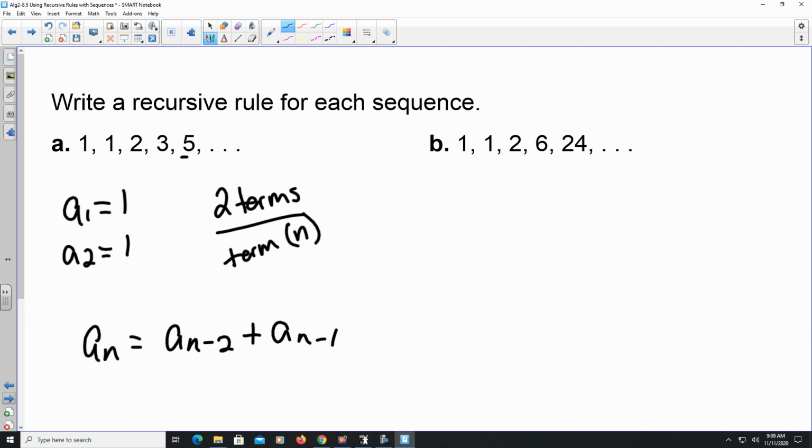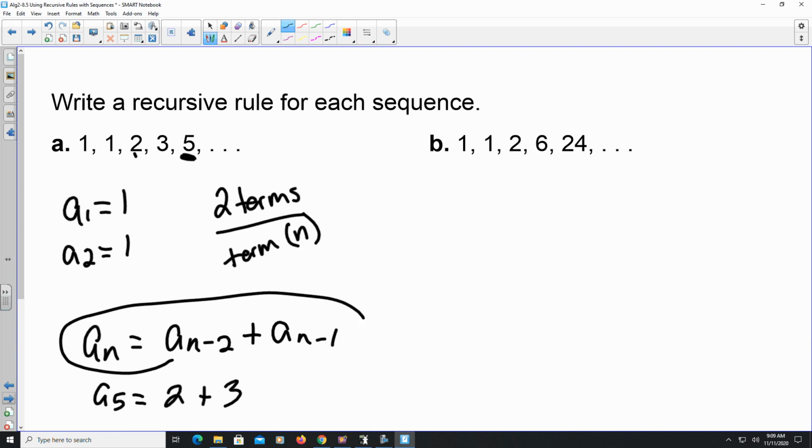If I'm trying to find this one right here, 5, so a sub 5, you would say a sub n minus 2, so 5 minus 2 is 3, that's 2, plus a sub n minus 1, so a sub 4, that would give me 3. So that's 2 plus 3. So this is my rule, okay?